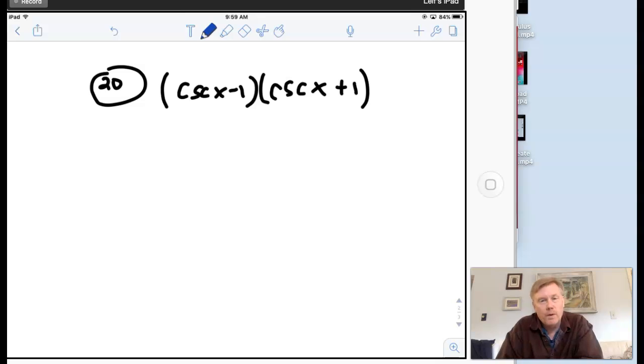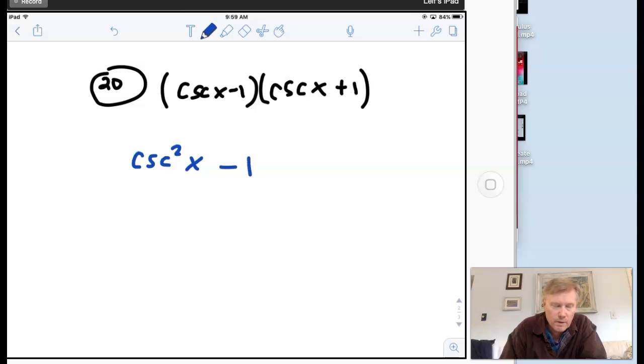Once again, if I FOIL this out or use box technique, I will get cosecant squared of x. The middle terms will cancel. I'll be left with minus 1.